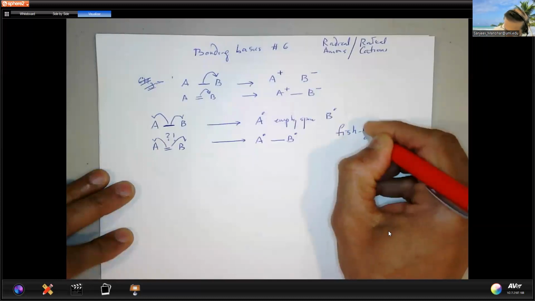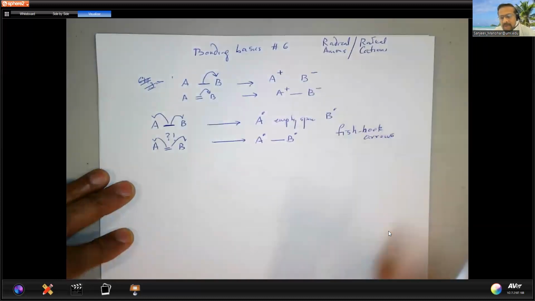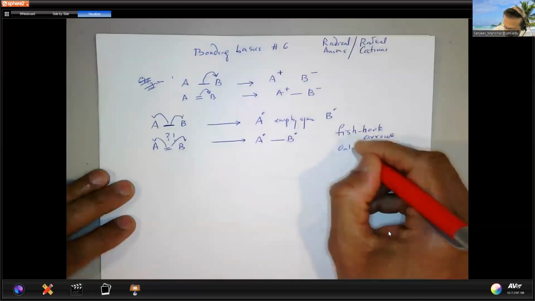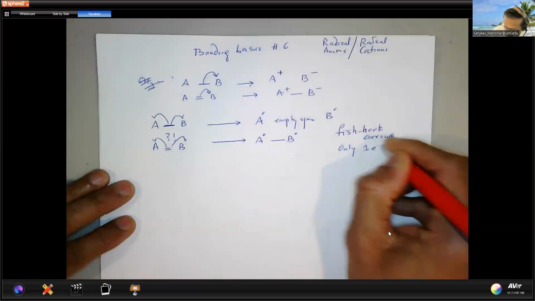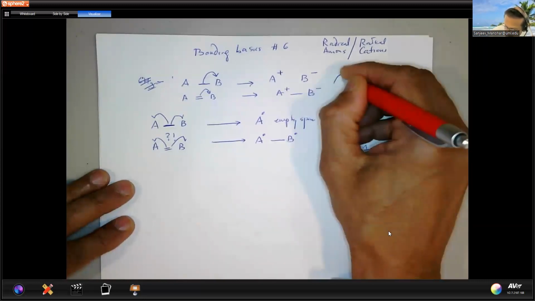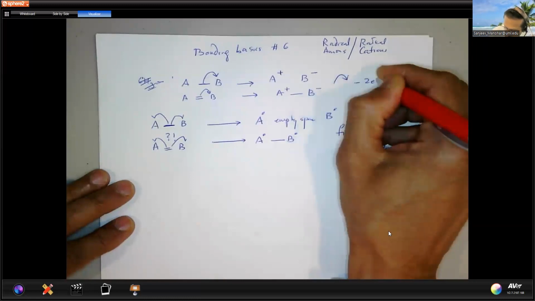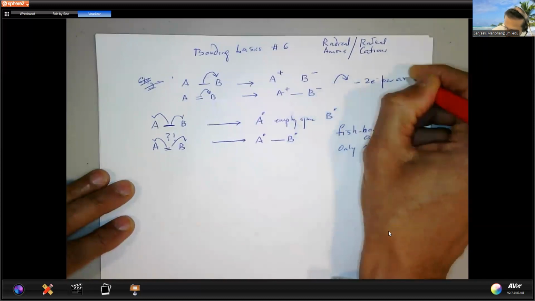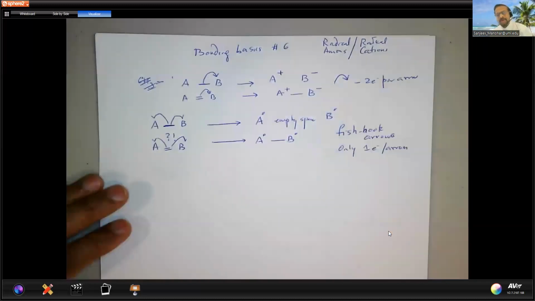It's only a single electron, only one electron per arrow. These kinds of arrows, two electrons per arrow. They both move, okay? That's how you know it.